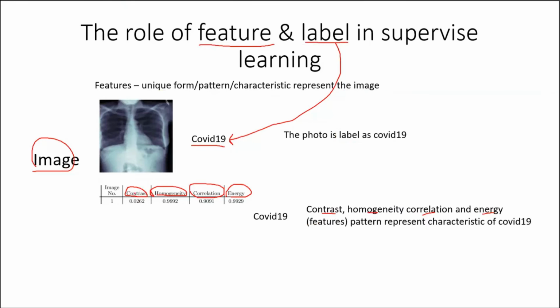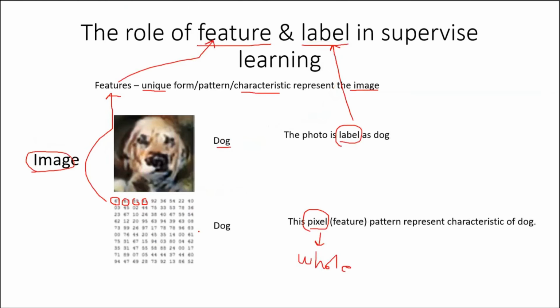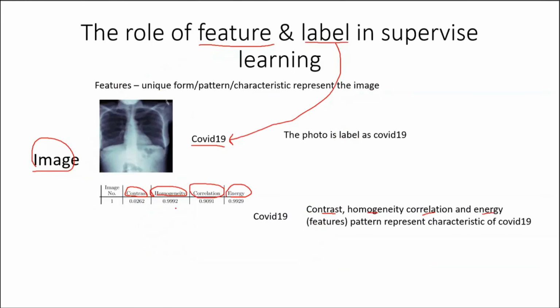One is contrast, homogeneity, correlation, and energy. This is one set of features you can pick, or another one is pixels. Okay, so you got two types of features there basically.